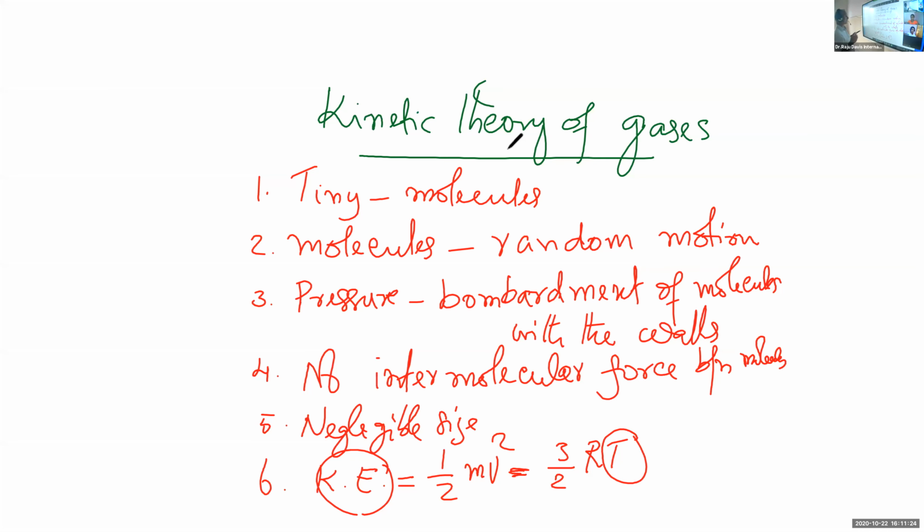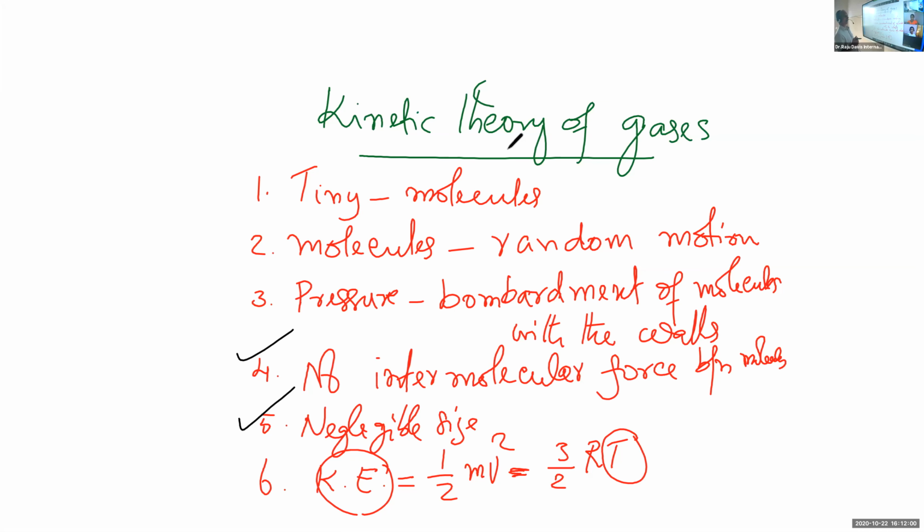But among these postulates of kinetic theory of gases, these two assumptions are wrong. The kinetic theory says there is no intermolecular force of attraction, and that's a wrong assumption. Actually, there is attractive force between the molecules, and we call those forces the van der Waals forces of attraction.